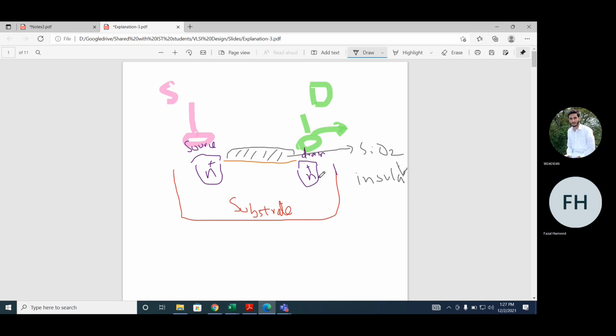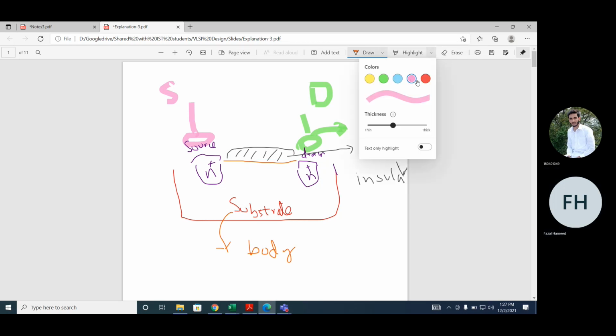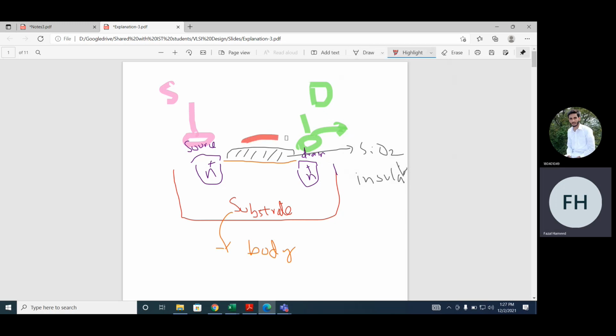And this substrate is also called the body. And on the top of this gate layer, there is some polysilicon, and this is the gate terminal.